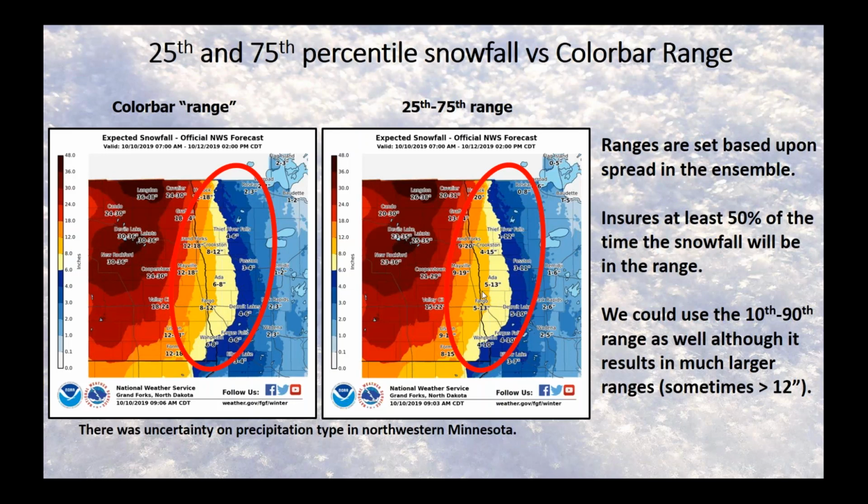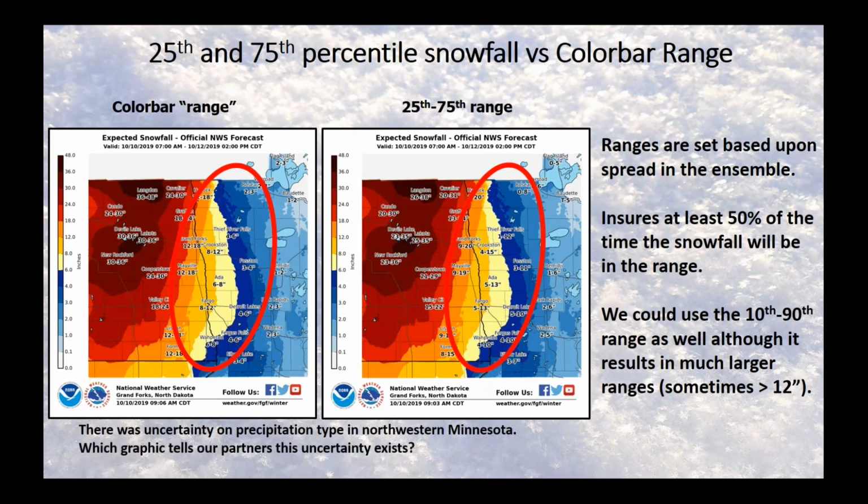And so some of the ensemble members produced all snow. Other ensemble members produced all rain. And so you ended up with this very large range in the Red River Valley because different ensembles were producing different precipitation types. So what this 25th to 75th is giving you is a sense of, basically, there's a lot of uncertainty in this forecast.